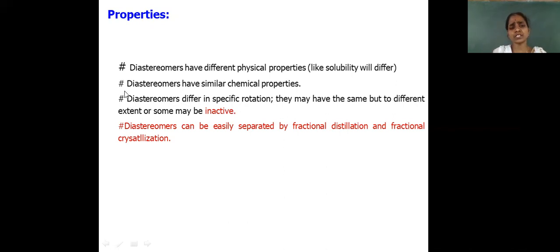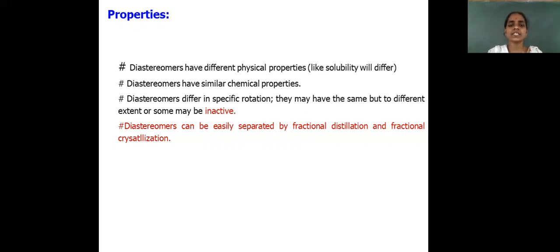Enantiomers are active towards plane polarized light, where one enantiomer rotates towards the right and the other rotates towards the left. When isomers rotate to the right and the left, they are optically active. But with diastereomers, whenever plane polarized light is passed through, the isomers are inactive.